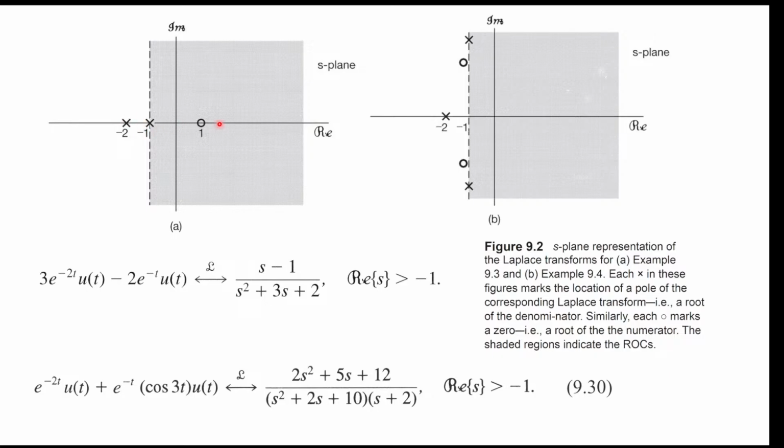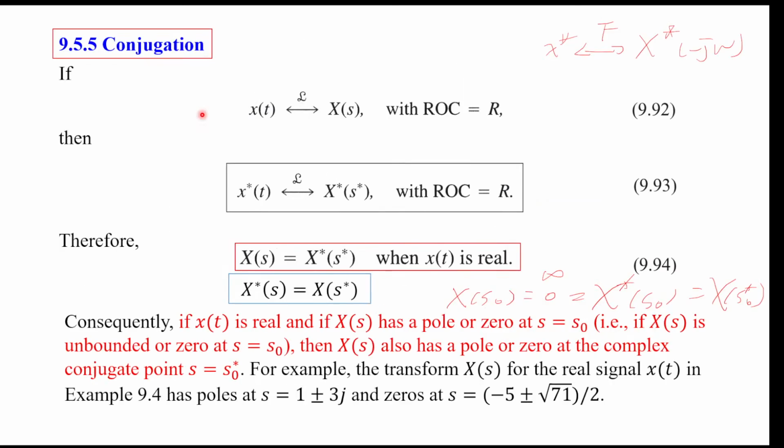So if it has a pole or zero, then its complex conjugate is also a pole or zero. And we can derive this property from the blue box formula we just stated. This is the derivation; basically these two lines are written as equations. Suppose big X of s0 is infinity or zero.